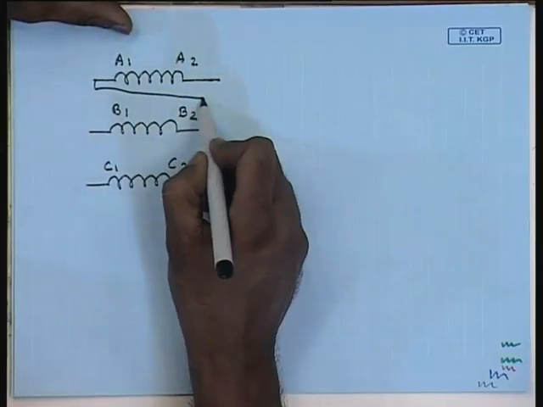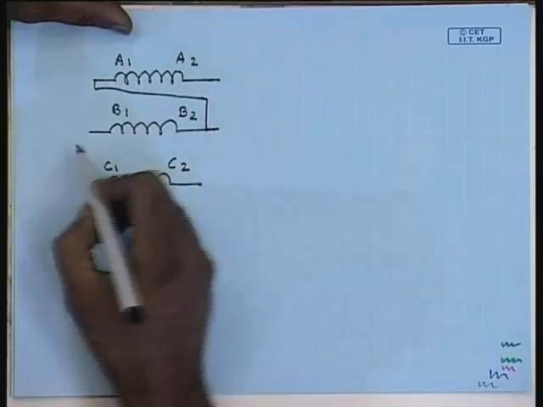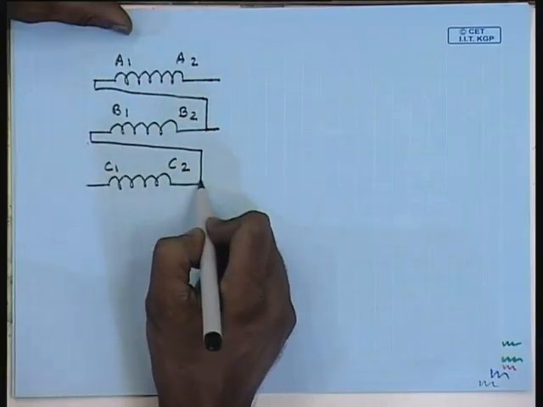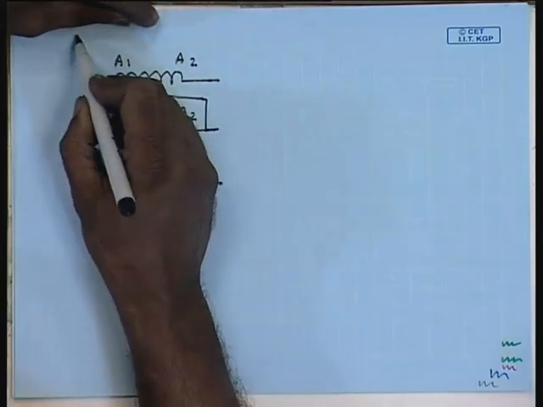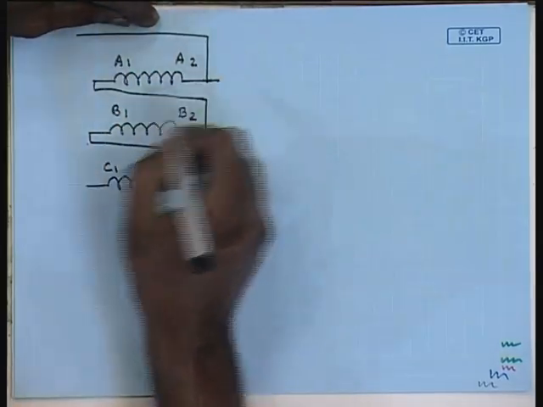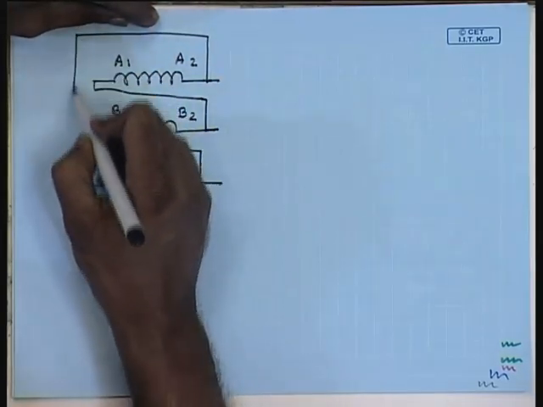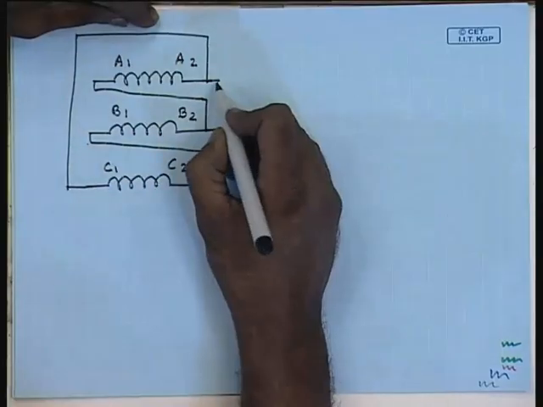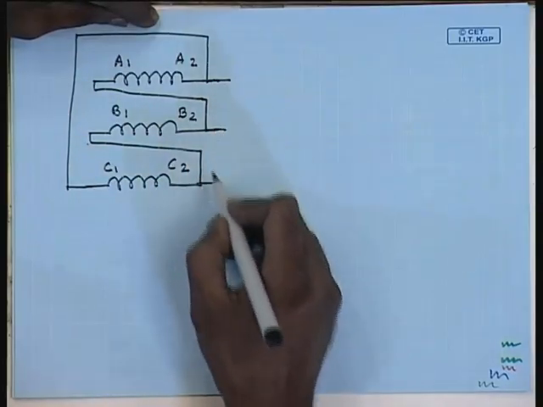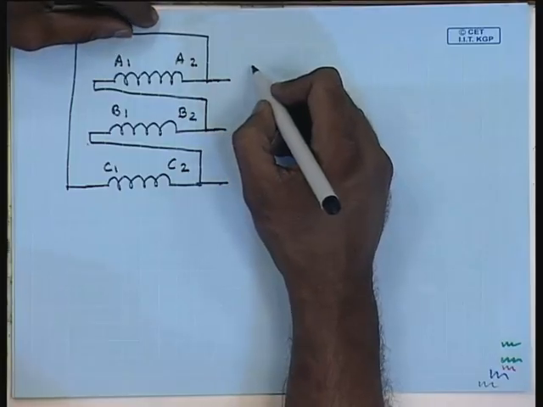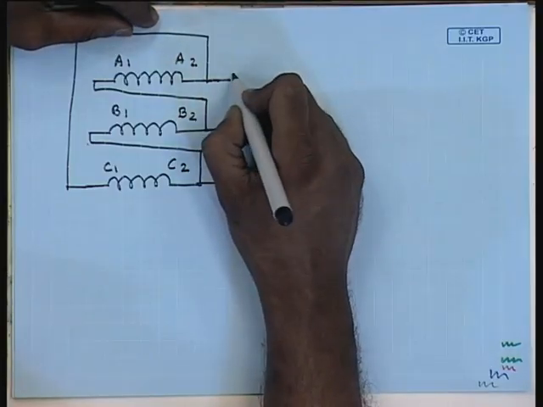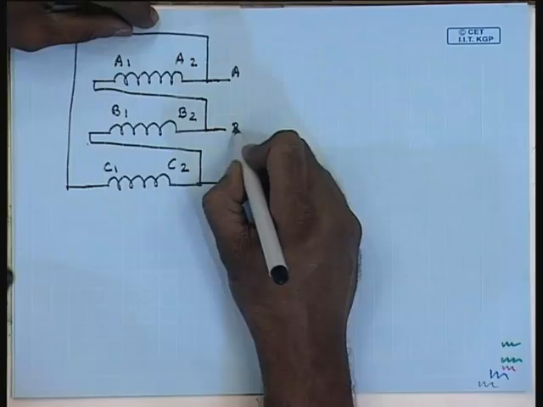A1 was connected to B2, B1 was connected to C2 and C1 was connected to A2. And the terminals were obtained from A2, B2, C2.